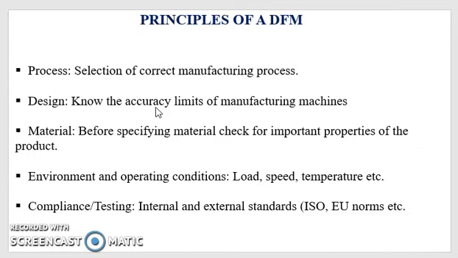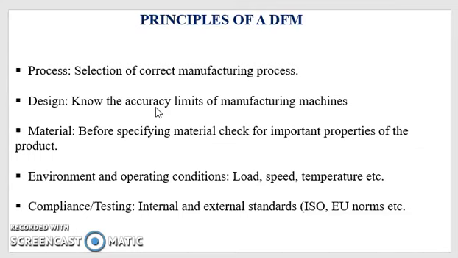Some examples are simple and smooth transition from thick to thin features in a drawing. Also, you need to apply a lesser number of undercuts in your design. Tolerance limits should be specified as per the available machine accuracy, etc. This reduces the manufacturing cost associated with a product.